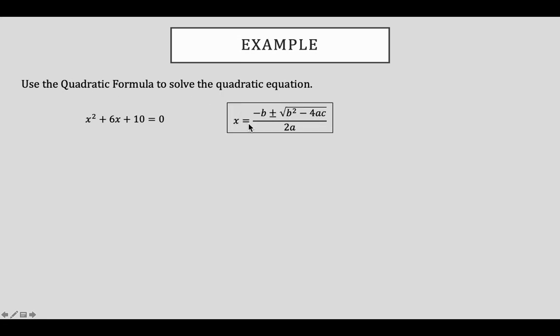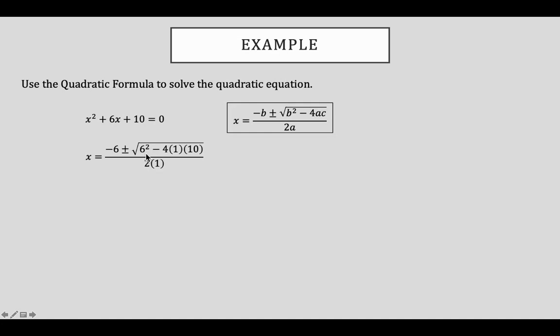As you guys know, the quadratic formula is x is equal to negative b plus or minus the square root of b squared minus 4ac, all divided by 2a. So this gives us the roots or the zeros of our quadratic. Plugging in, we get negative 6 plus or minus the square root of 6 squared minus 4 times 1 times 10, all divided by 2 times 1.